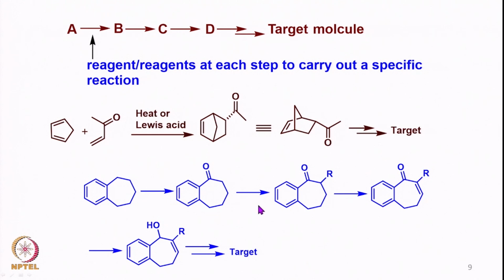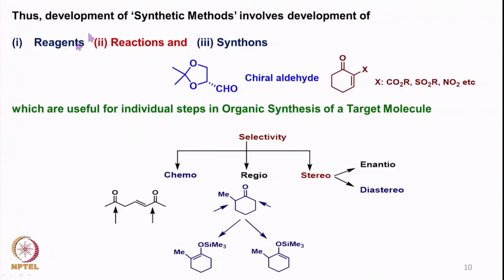So it involves a number of steps, and each step, as I mentioned earlier, is of course a synthetic method. Now development of synthetic methods therefore involves development of reagents, reactions and synthons.